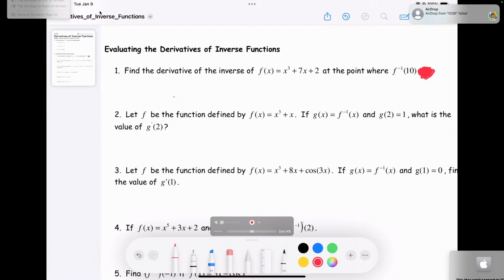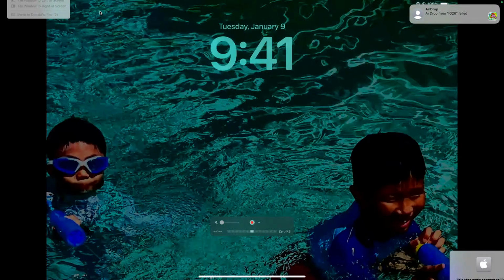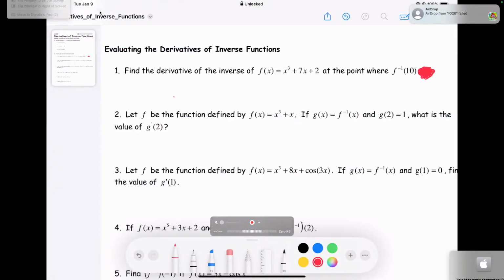Therefore, if this is 1, so you would have... Okay, I'll go over it. Guys, if you understand, great, but let me go over it.